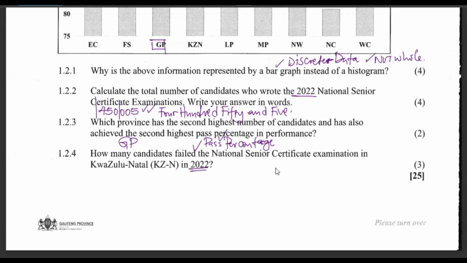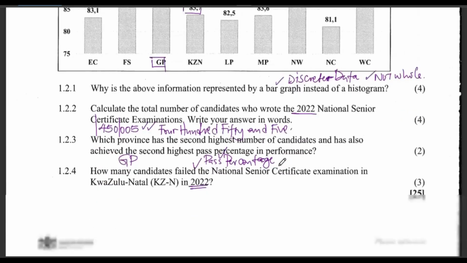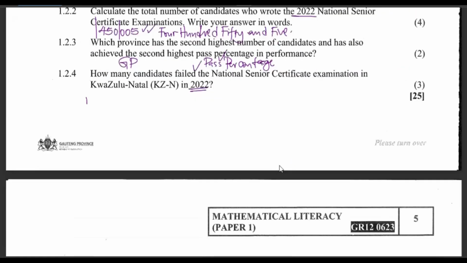You either passed or you failed. So we look at KwaZulu-Natal. What percentage passed? It's 83.7. So out of 100%, we subtract the 83.7 who passed. Whatever answer we get here, these are the ones who failed.